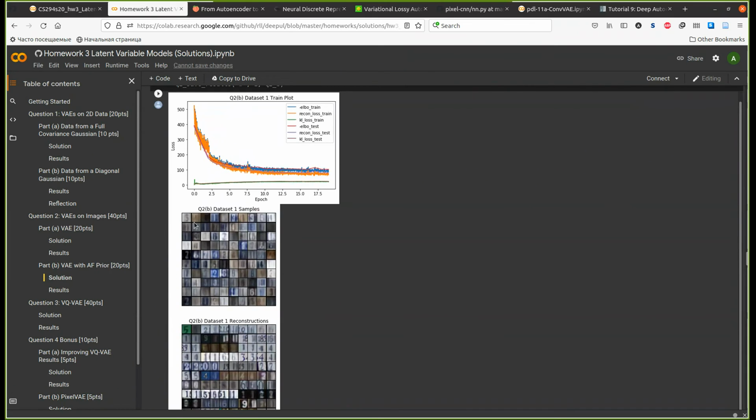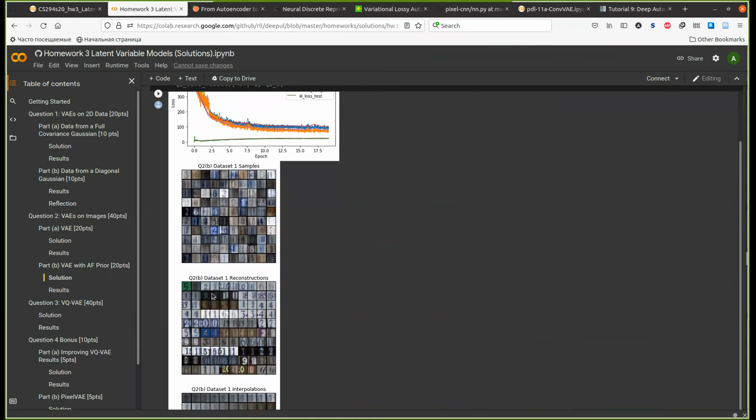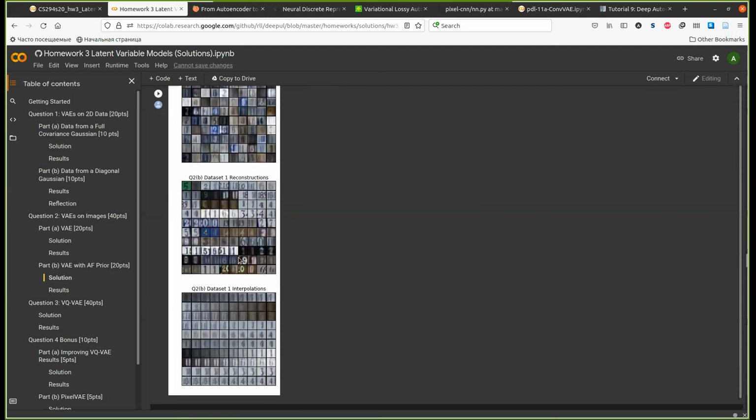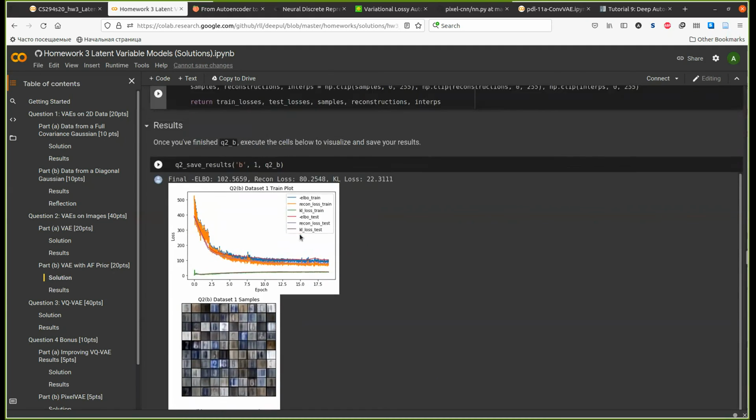And arguably we have sharper samples, right? And the reconstructions are very similar to what we had before, I guess. At least that is what I would expect.